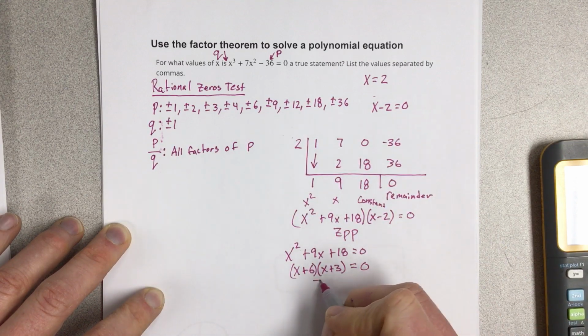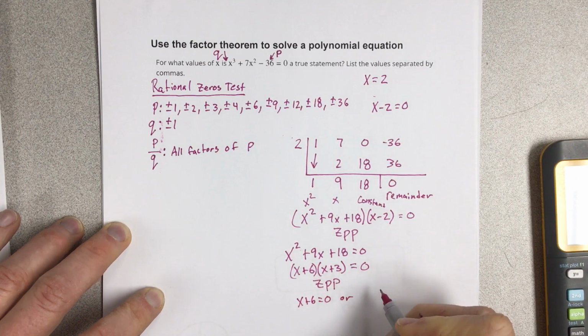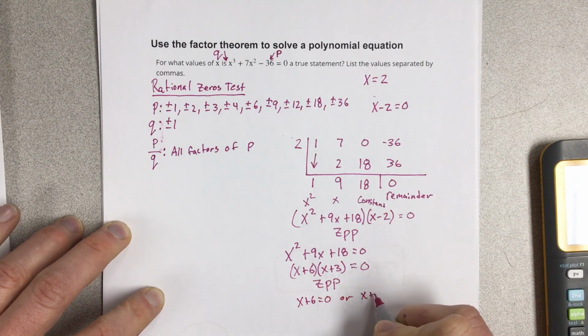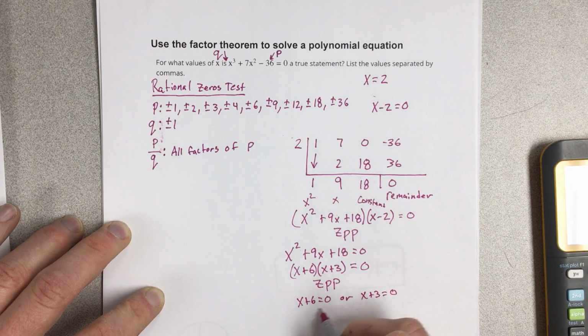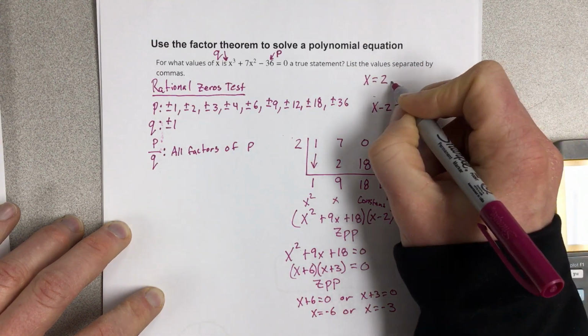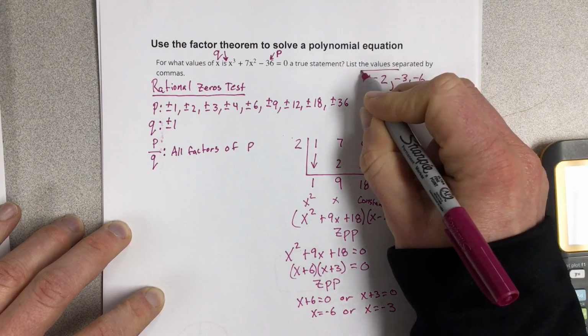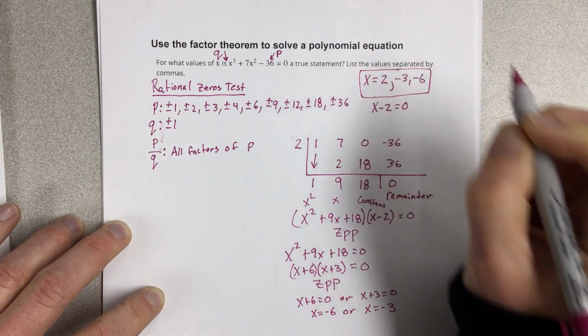So we're going to go ahead and use ZPP again. So that's x plus 6 equals 0, or x plus 3 equals 0. So subtract the 6, you get x equals negative 6, or x equals negative 3. So our x values would be 2, negative 3, negative 6. All of those are zeros for the function.